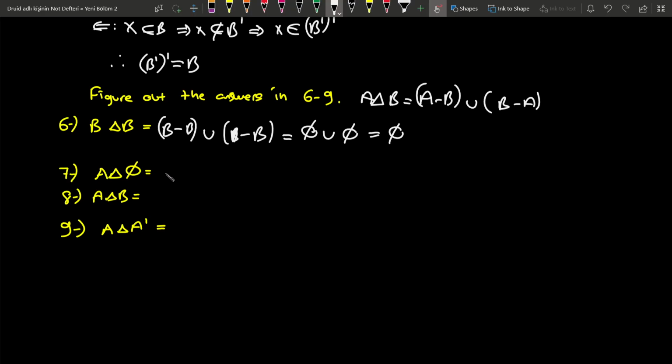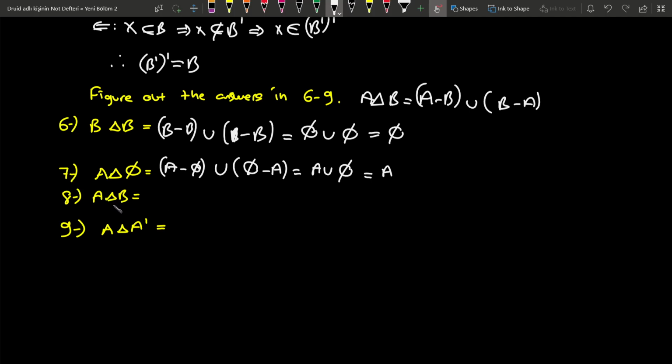This means A minus empty set union empty set minus A. So this will give us A union empty set. Here this is A, and this will give us empty set. And so here we get A.